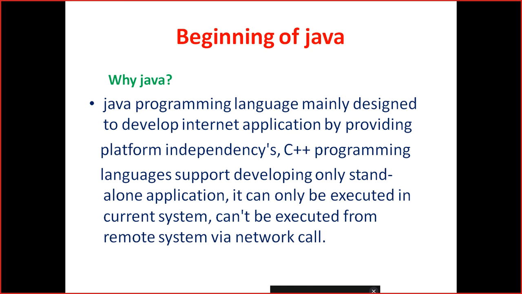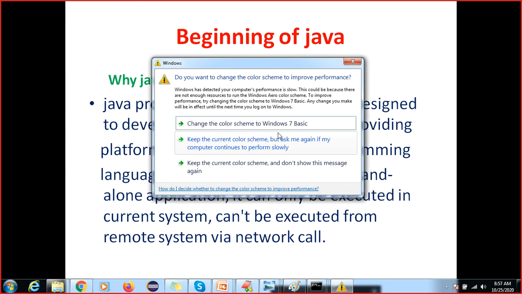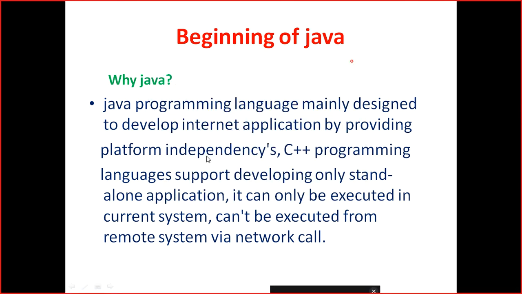So what is Java? I have just given the overview of how this code is working. The Java programming language was mainly designed to develop internet applications, meaning web applications. But it is not limited to that. Right now they are also enhancing Java, and it has big competition with other languages, but Java is always there.